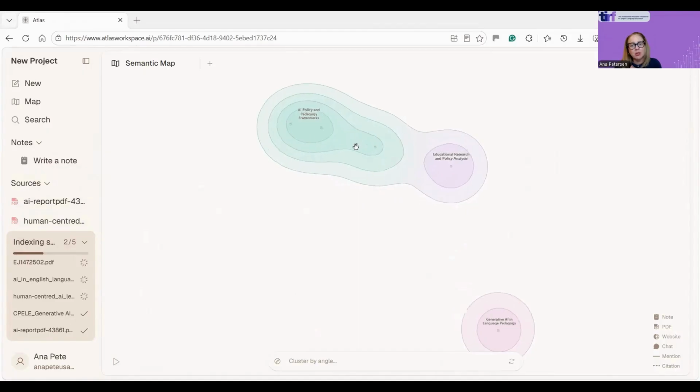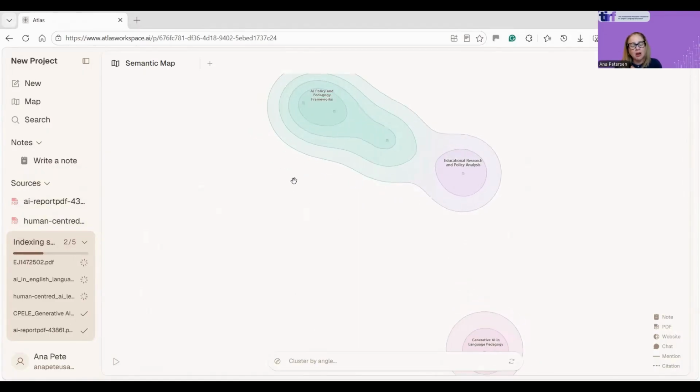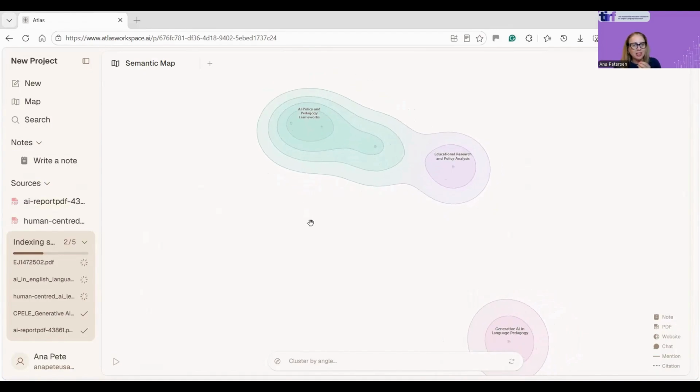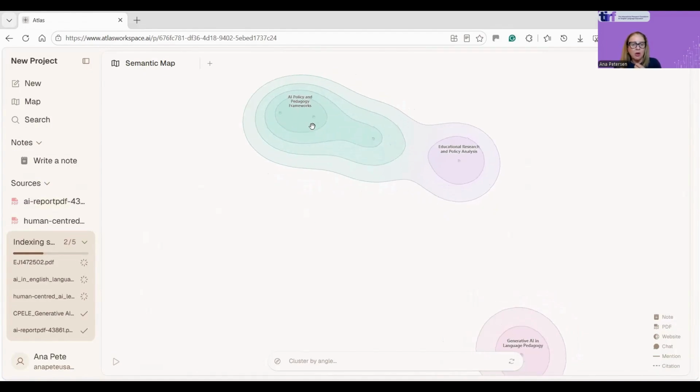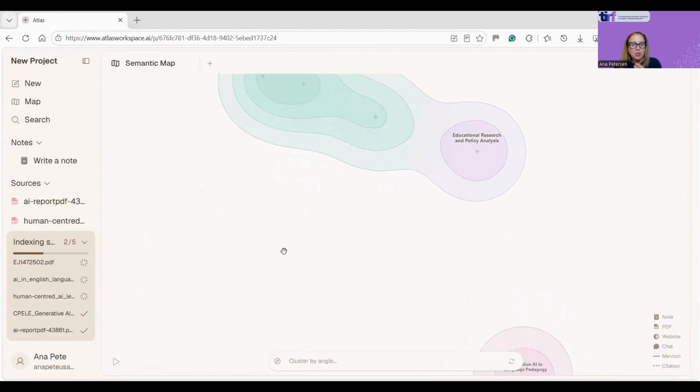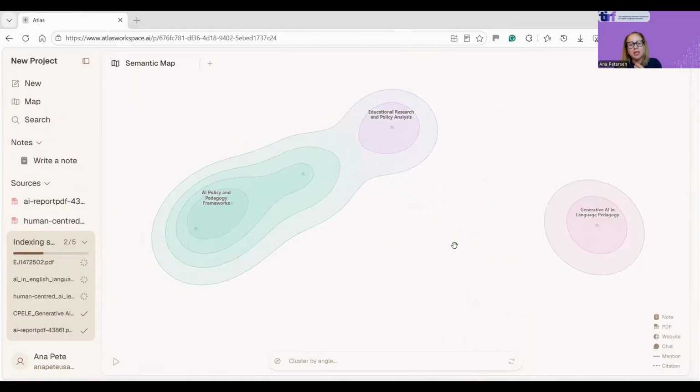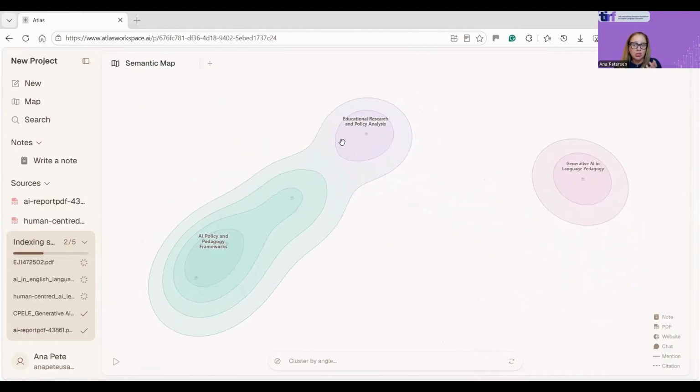The images that you see here on the screen are these papers, and what are their similarities? How are they connected? If you see, I have some papers that are pretty much connected, and another one about generative AI that stands at a different cluster, at a different part of the study.